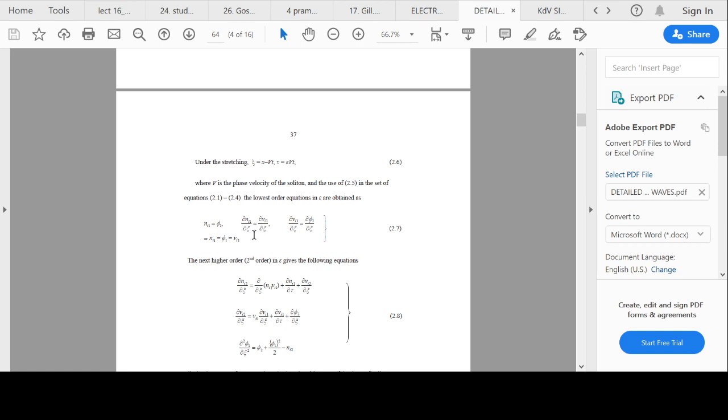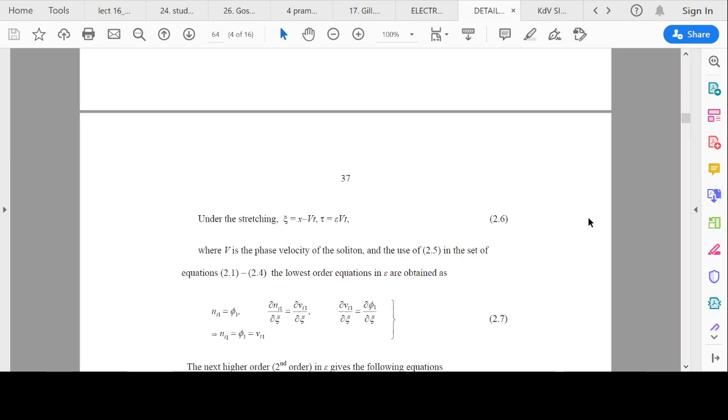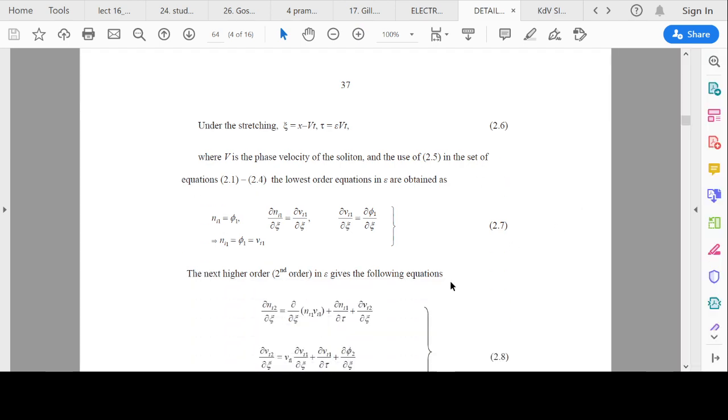Now substitute, and in the first order terms we get the N-V relation from the continuity equation, and from the higher order equations we get V2 terms or N2 terms, whatever it is. I think it's clear. You see, from the continuity equation first order term, you will get a relation between density and velocity.